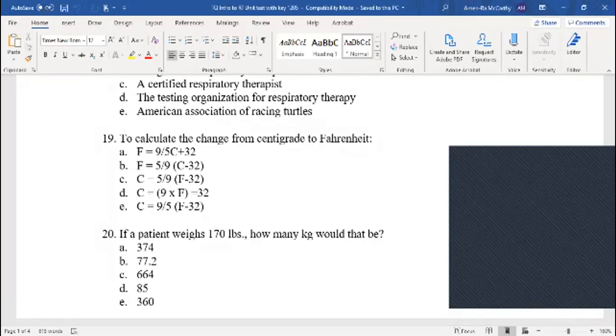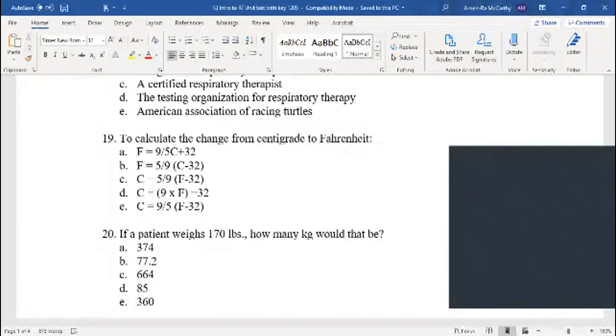I think is it A? Number 19 is A. Good. 9/5 times Celsius plus 32. That's the formula for Fahrenheit.